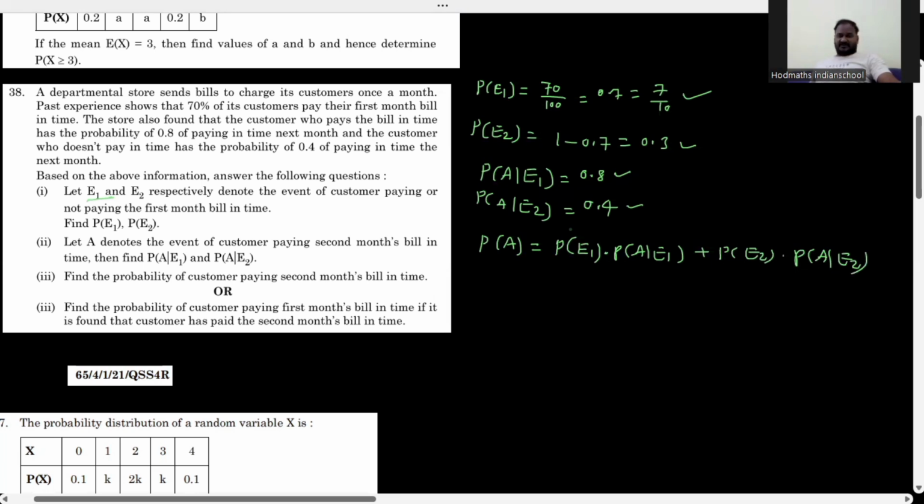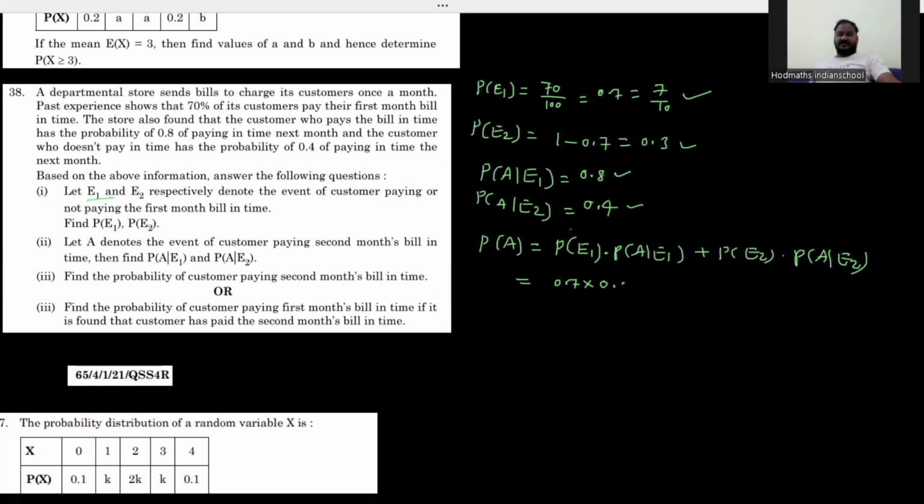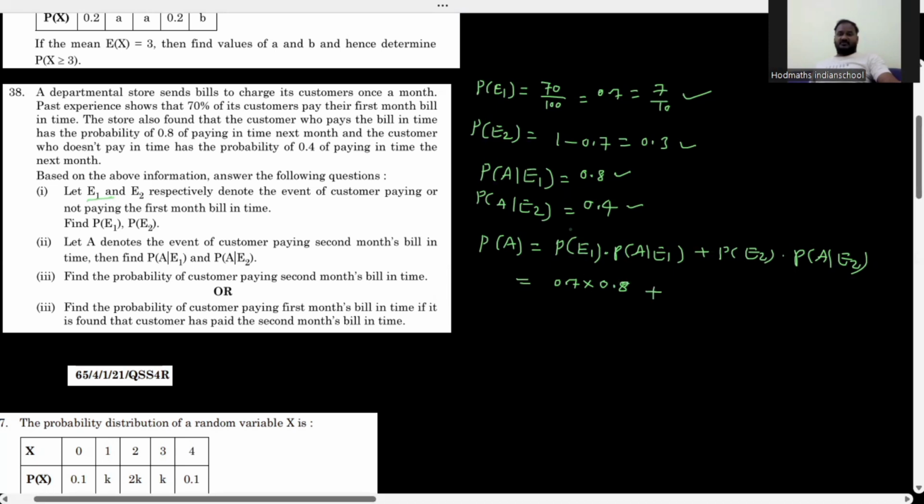So now we can substitute because all the values are available here. Probability of E1 is equal to 0.7, into A given E1, which is 0.8, plus probability of E2 is 0.3, into probability of A given E2, which is 0.4.